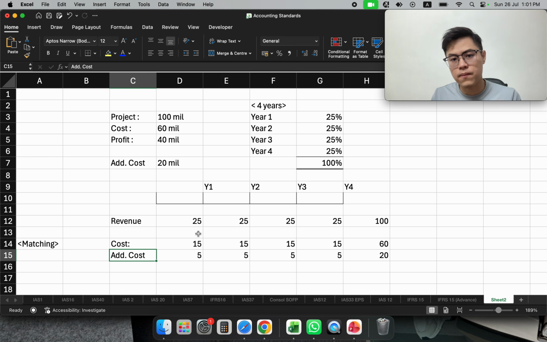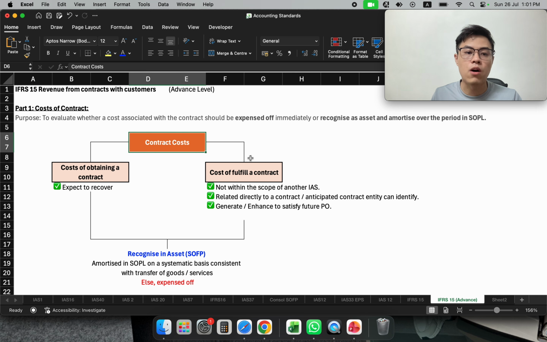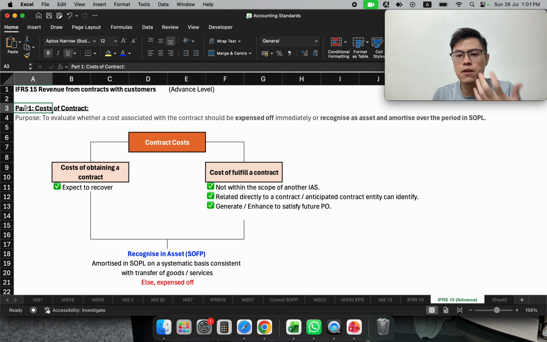This logic we learned in financial accounting, where we apply the matching concept, and the same principle you will observe in contract cost. For contract cost part 1, we are looking at whether, if today we are spending certain costs upfront in the project or during the contract while we develop certain things, the cost is going to be expensed off immediately in our SOPL, or whether we are going to keep it in our SOFP as an asset and amortize it accordingly based on the contract period or the progress percentage.